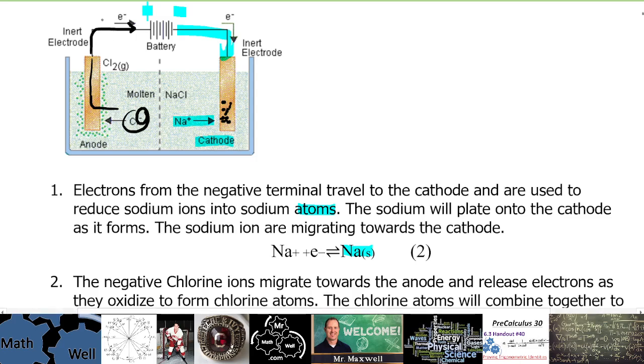The little dots that you asked about would be the chlorine atoms, the chlorine gas bubbling inside here. Chloride ions giving up their electrons to become chlorine gas bubbles. If you want to collect those, you'd have to have some kind of beaker trapping this, and they would collect up here because they're gas. The chlorine atoms will combine together to form chlorine gas and bubble away.